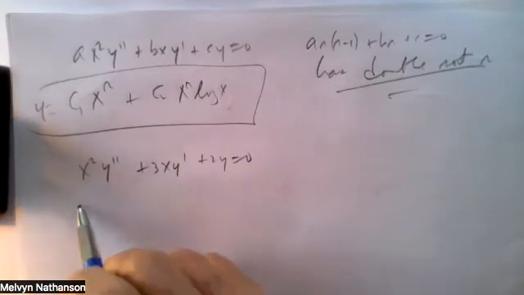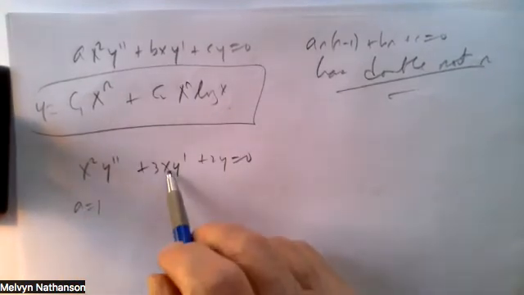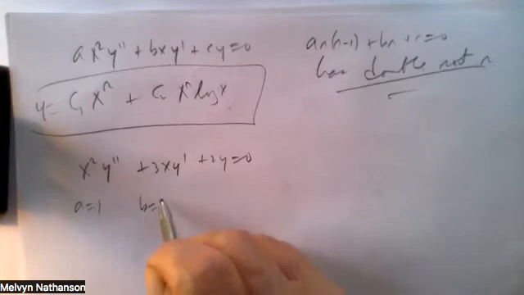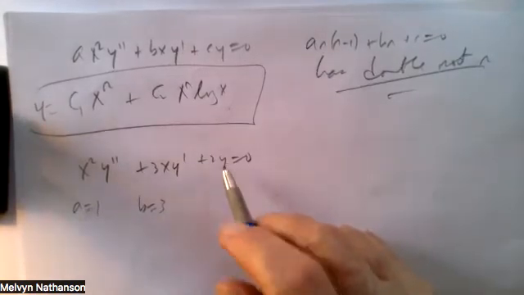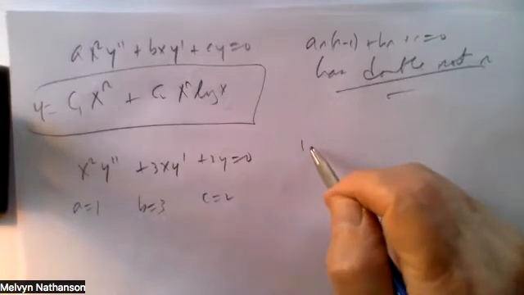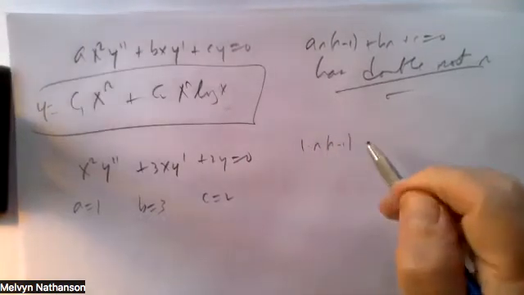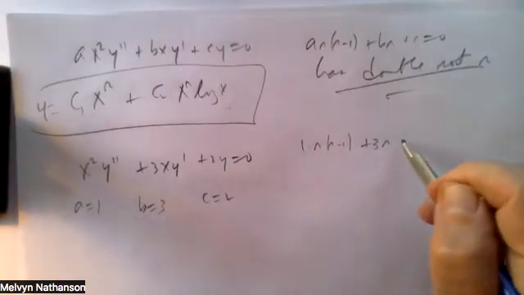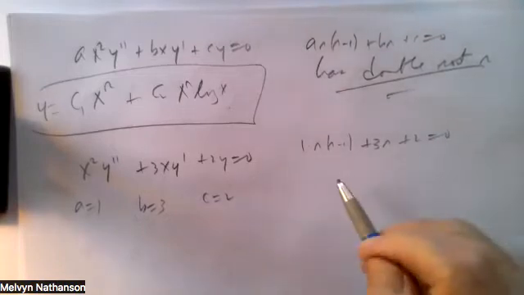The coefficient of x squared is a equals 1. The coefficient of x is b equals 3. The coefficient of y is c equals 2. So our equation is 1 times r(r minus 1) plus 3r plus 2 equals 0.